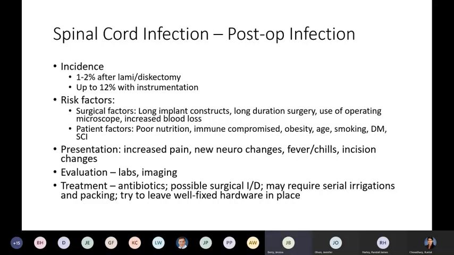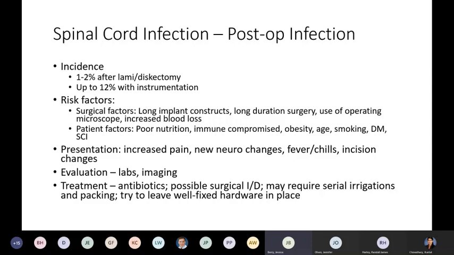Evaluation is going to be similar to the previous, with MRI imaging, although it can be difficult to differentiate post-op changes from new infection. Lab work and really just the clinical presentation of the patient overall. Treatment, again, will depend on the degree of involvement.